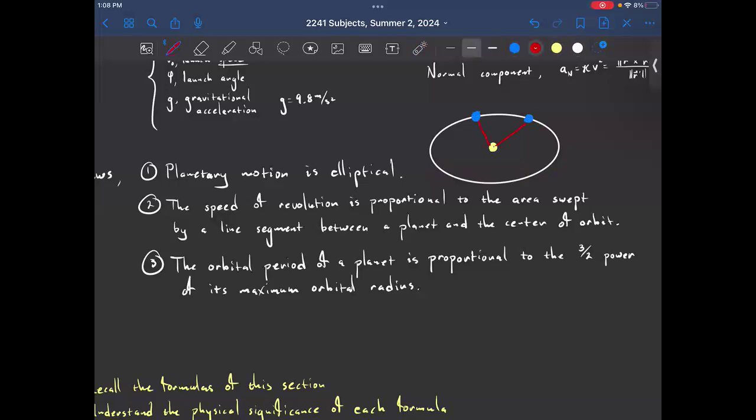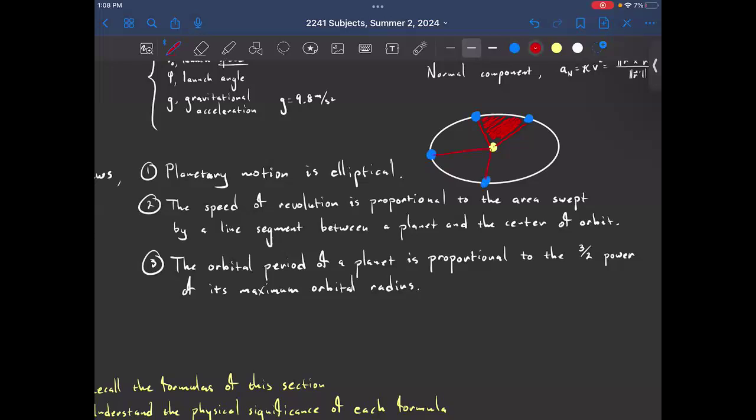right? Then there's an area between these two rays. Okay, well, then let's say we measure the Earth at some other position, and then a later time, maybe here.